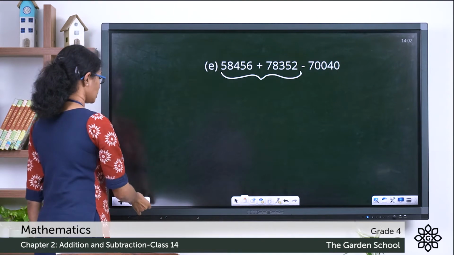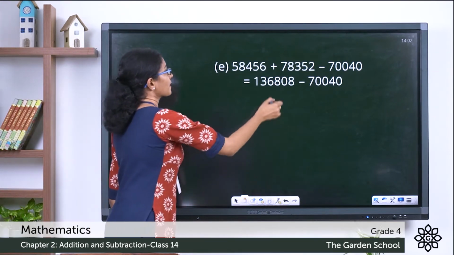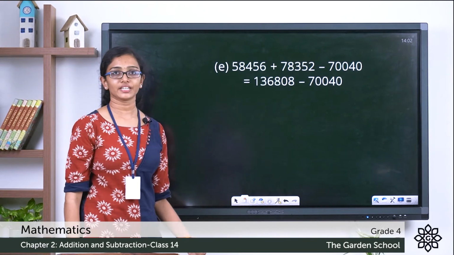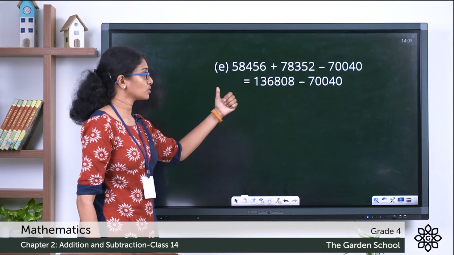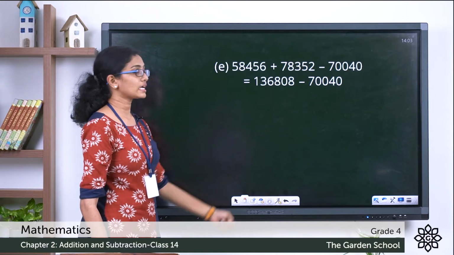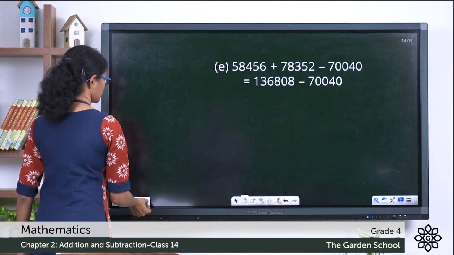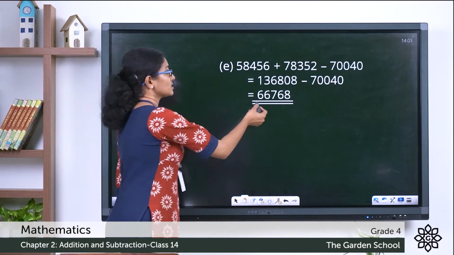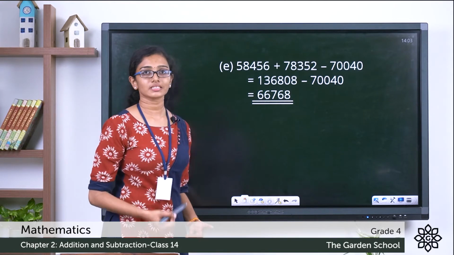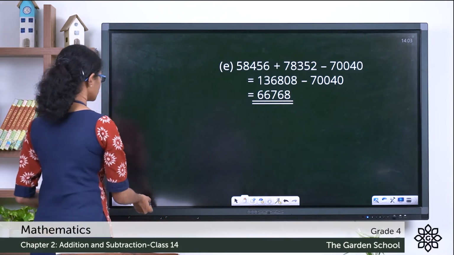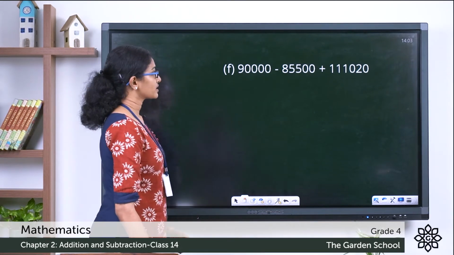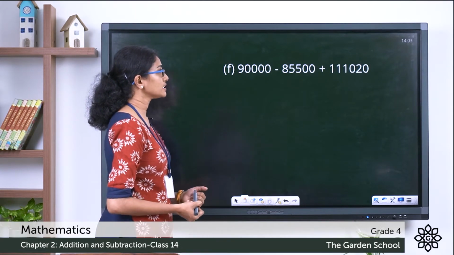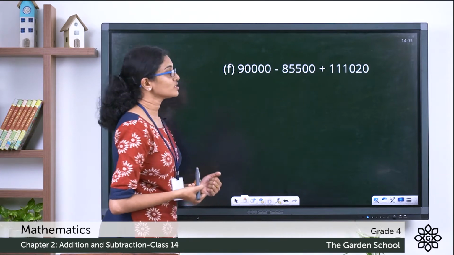After addition, you'll get the sum 1,36,808. Then the remaining subtraction part. So let's subtract the subtrahend from this sum, giving you the answer 66,768. Now the last one, question F. 90,000 minus 85,500 plus 1,11,020.